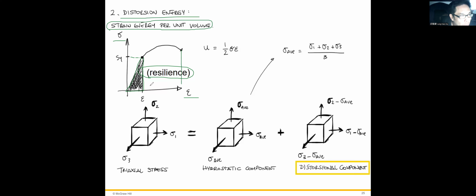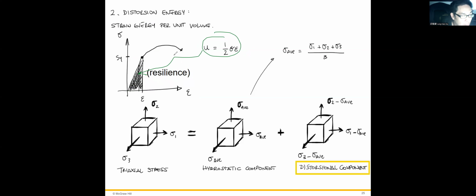The total area under the stress and strain curve is called the toughness. Therefore we can define the distortion energy per unit volume U equals half of the stress times strain, for the resilience, the area here.